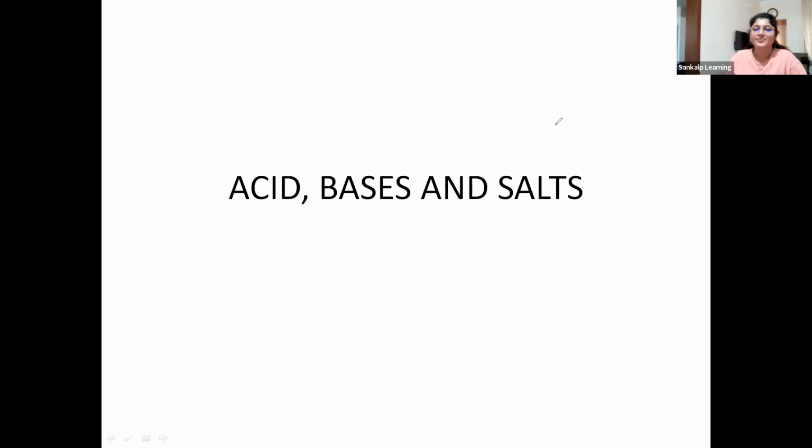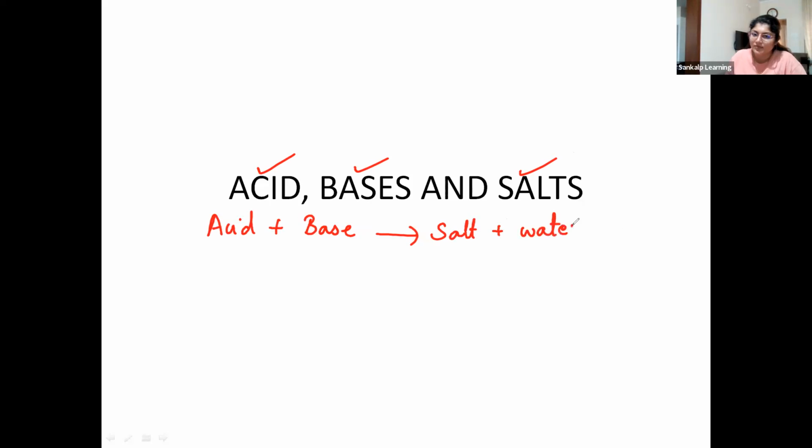What are salts? We have seen about acids and bases. Now we'll see what salts are and how salts are formed. When an acid reacts with a base, it gives salt and water.